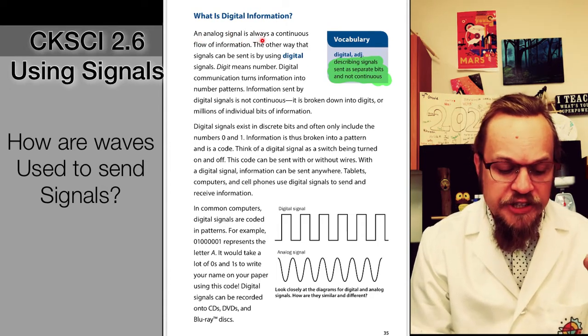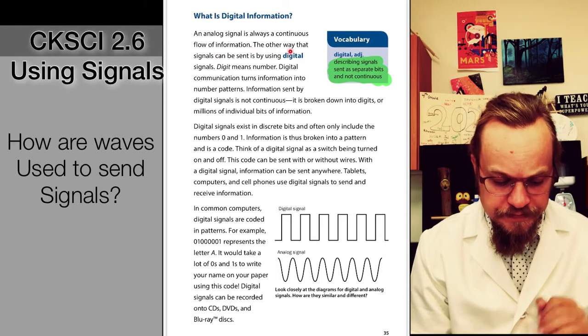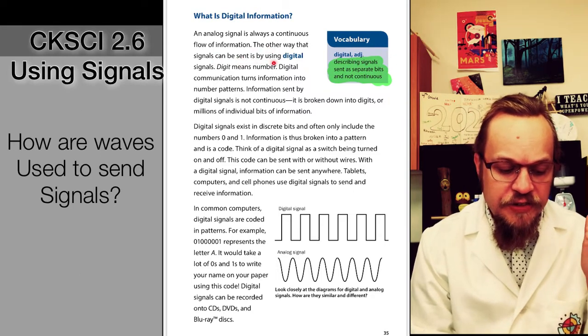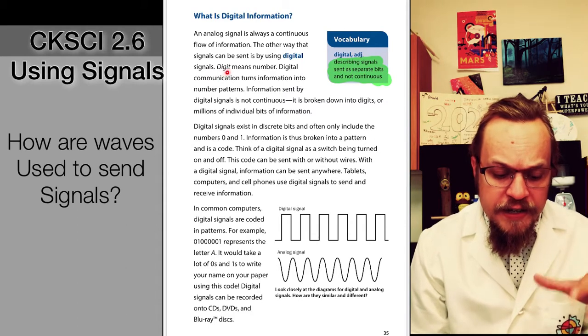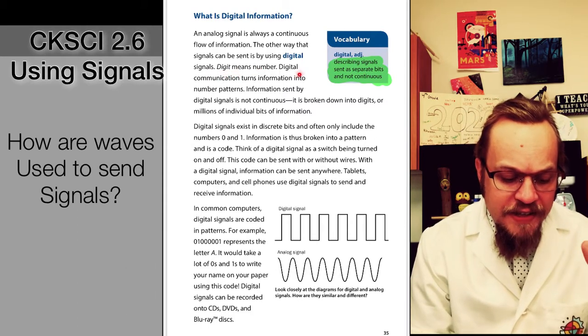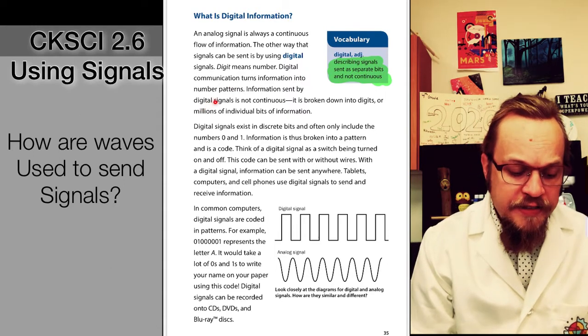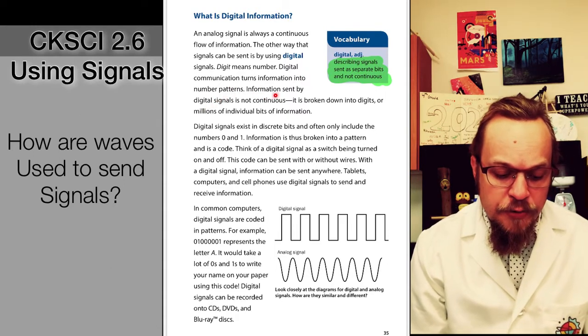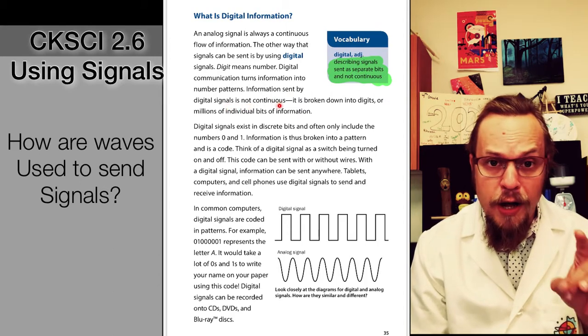Digital communication turns information into number patterns. Information sent by digital signals is not continuous. It is broken down into digits or millions of individual bits of information. Digital signals exist in discrete bits and often only include the numbers 0 and 1.